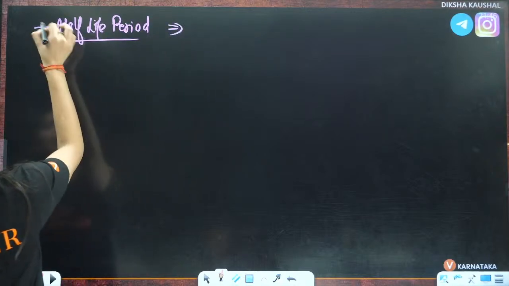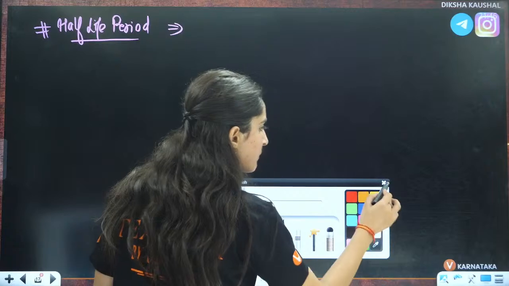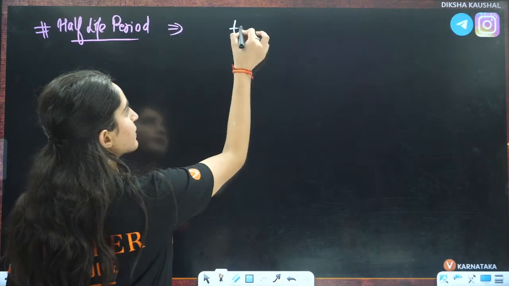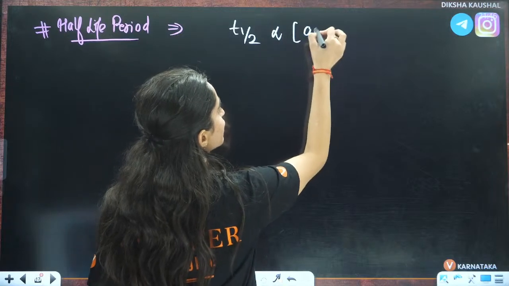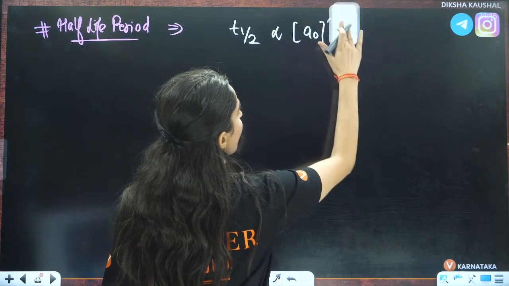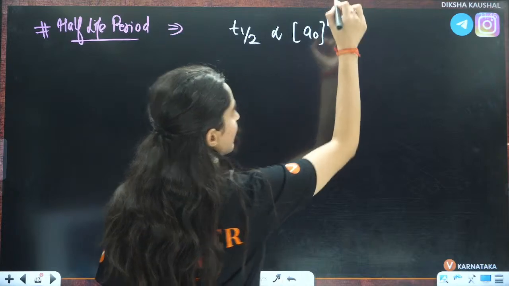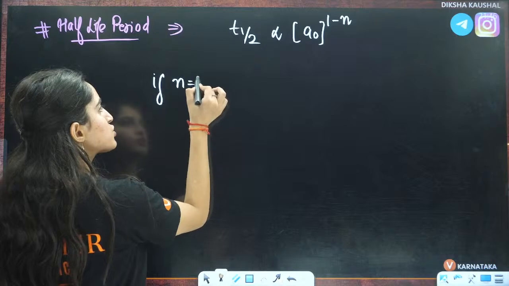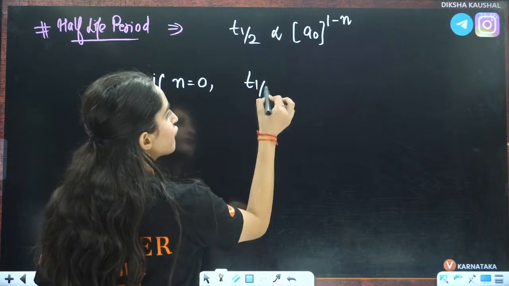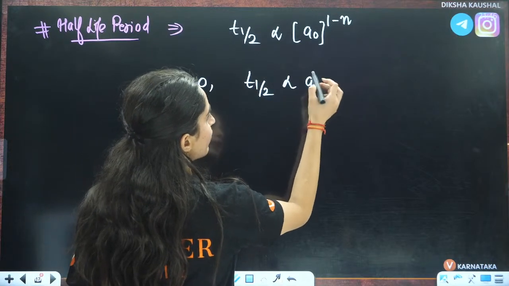For half-life period, you need to remember the formula, and you can also remember that T half is directly proportional to initial concentration raised to power 1 minus n. If n is equal to 0, then T half will be proportional to A naught.